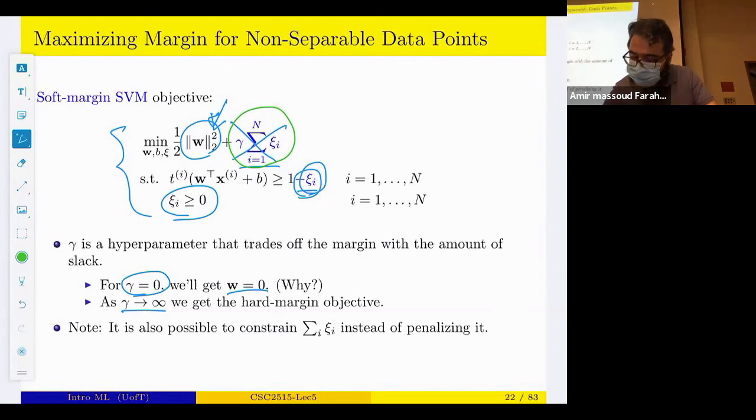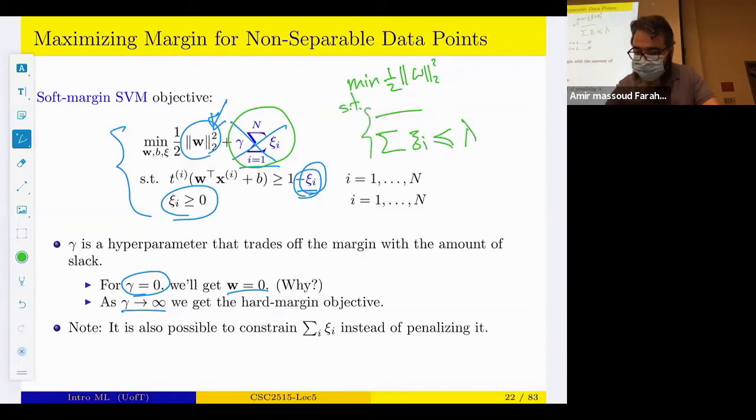So we could have the same objective: minimum of W, with the usual constraints, but also the sum of slack variables being smaller than some value, like lambda. That would be another form of it, but I just write it in this penalty form instead of a constraint. You may see other forms in the literature as well.